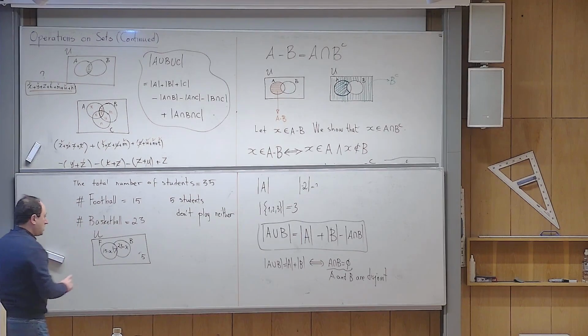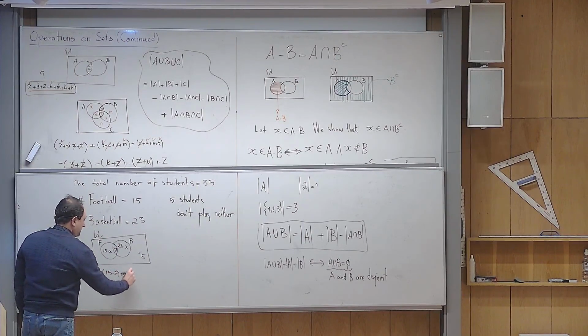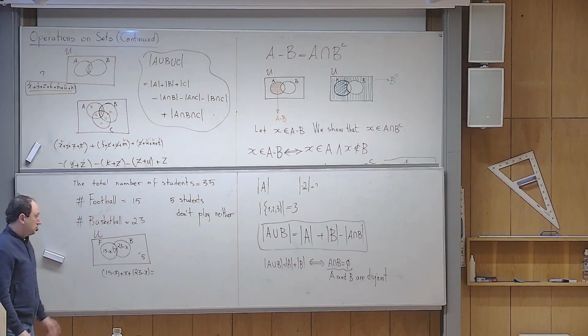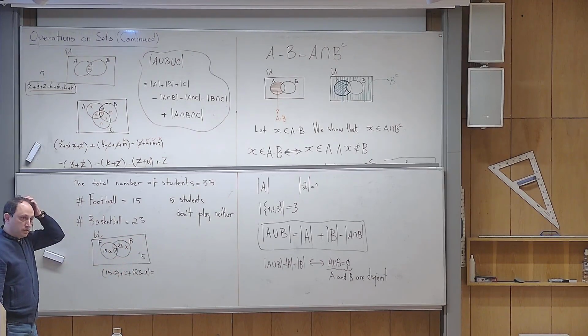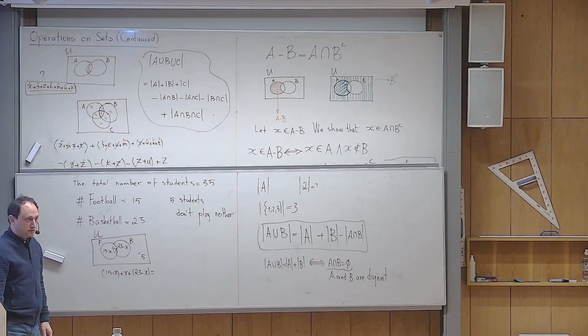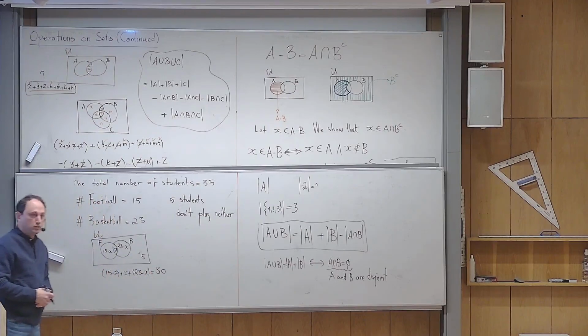On the other hand, I know that 15 minus X plus X plus 23 minus X should be how many? Because the whole number of students in the class is 35. 5 of them do not play any game. So how many is left? 30. So this is a simple equation and you solve and find your X.